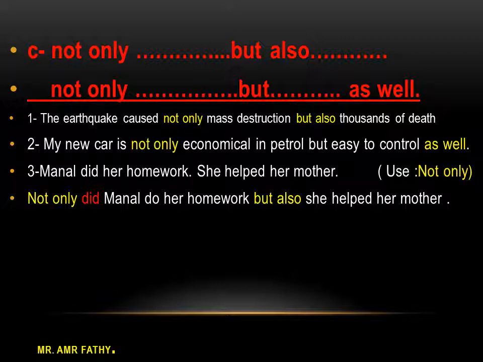Because not only here is written with Not in capital letter, not in small letter. It means that when you use not only, you should begin the sentence with not only. So the sentence will be like this: Not only did Manal do her homework, but also she helped her mother.